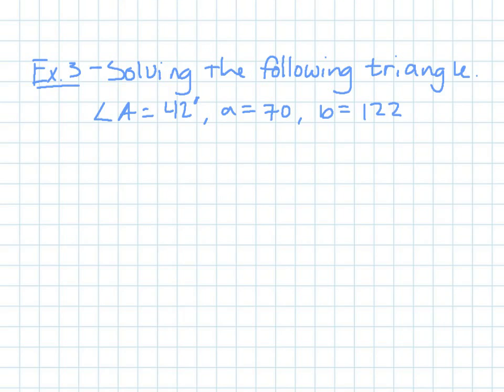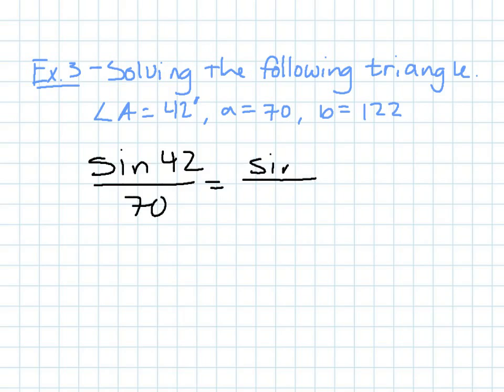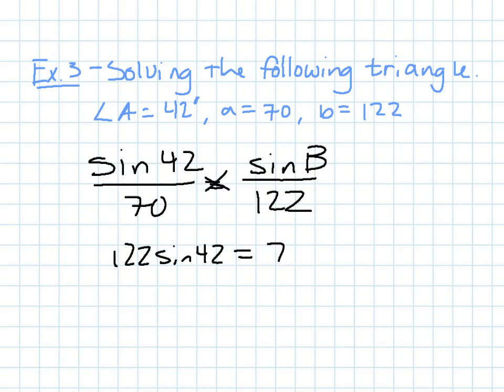Now the last example, we need to solve the following triangles. So here, first I'll set up my law of sines. So sine of 42 over 70 equals sine of b over 122. So here I'll need to cross multiply and then divide.